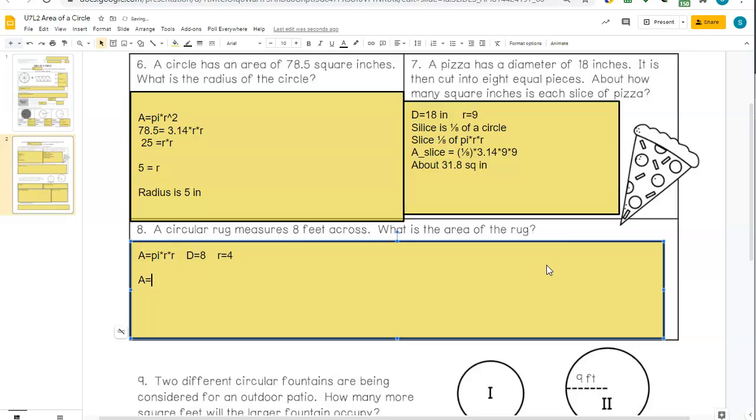So my area is 3.14 times 4 times 4. Again, I'm going to do that calculation using the calculator. And that I get is 50.24, and that is going to be square feet.